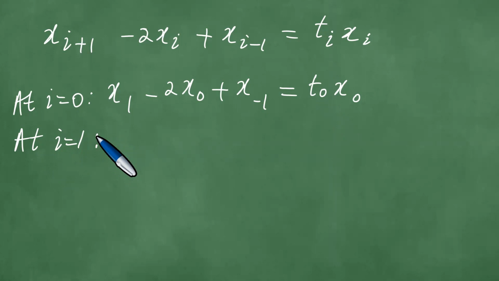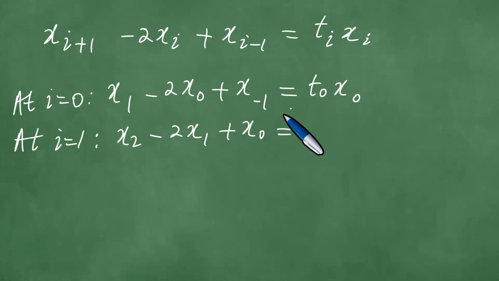So we continue. At i equals 1, this is x2 minus 2x1 plus x0 is t1 x1. We have t0, t1, but because t0 is 1, then t1 is 2, and then t2 is 3.